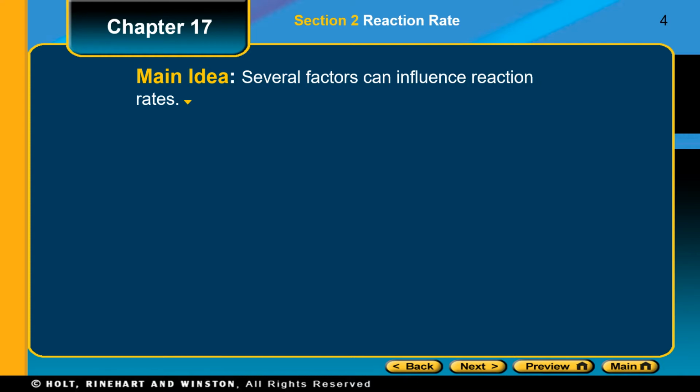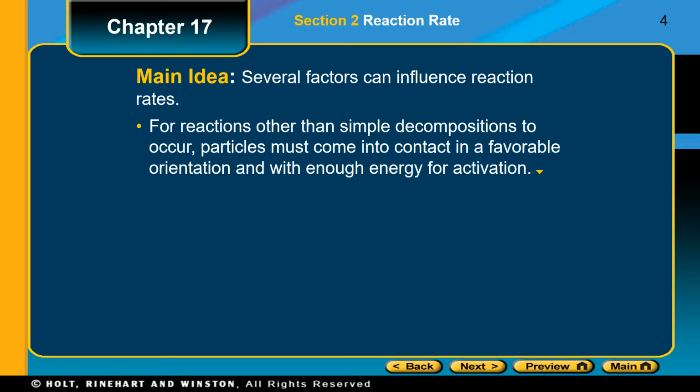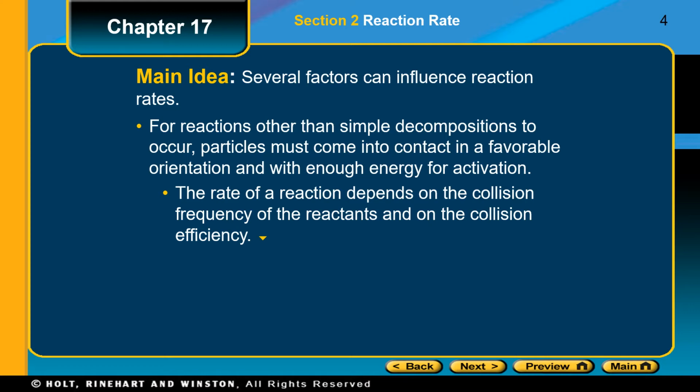Now, several factors can influence the rate of a chemical reaction. For reactions other than simple decomposition to occur, particles must come in contact in a favorable orientation and with enough energy for activation. We already learned that in a previous part of the chapter. The rate of the reaction depends on the collision frequency, how often they collide, and on the collision efficiency.